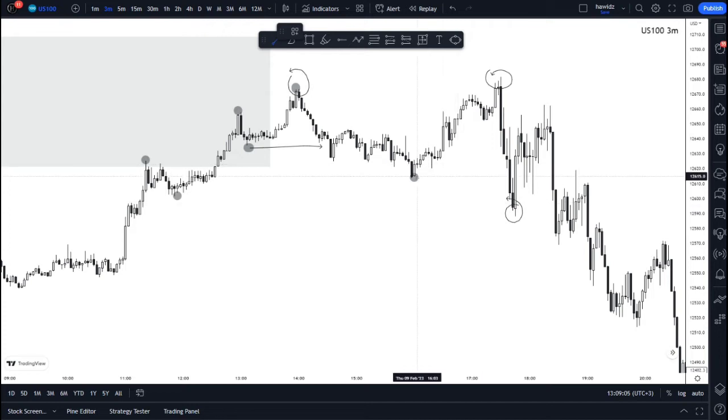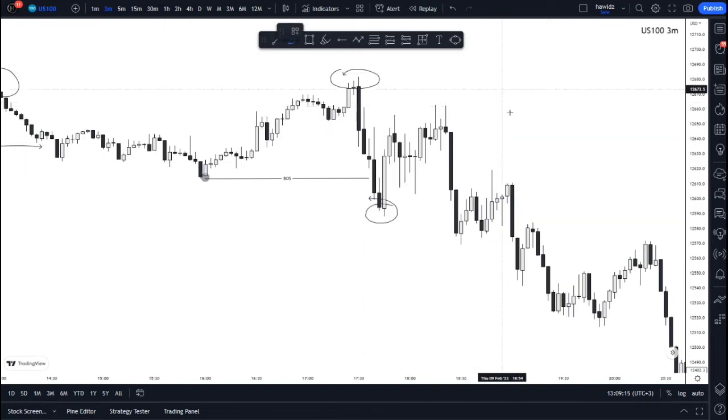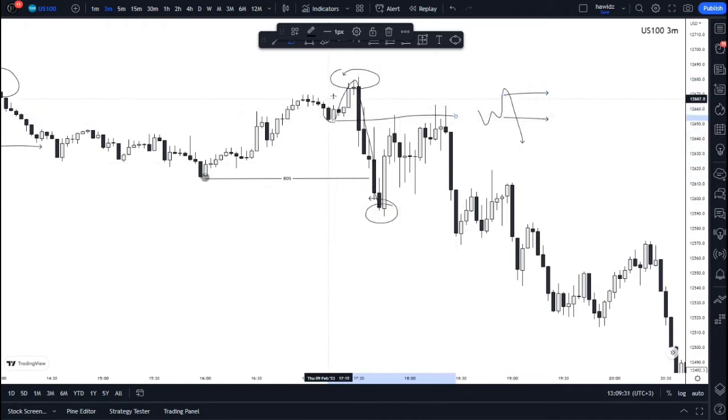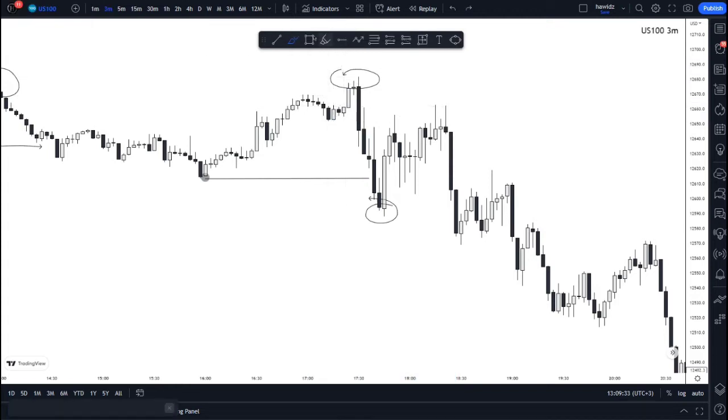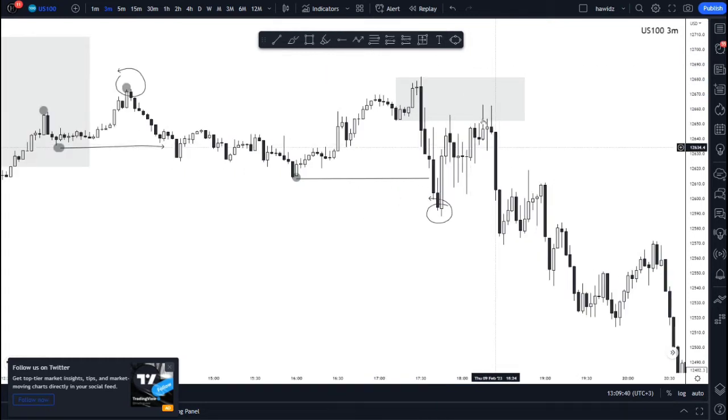Now from here, this was the break of structure that we looked at. From this break, we simply needed an area of supply or a bearish order block, which is basically the last buy before the sell. As you can see in the market, this area here was the last buy before the sell happened. So let's just reduce some of these and remain with a clear chart.